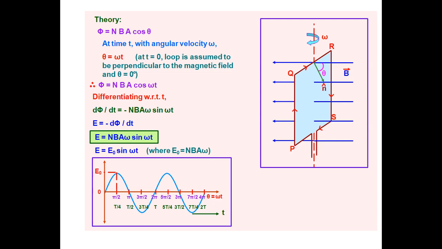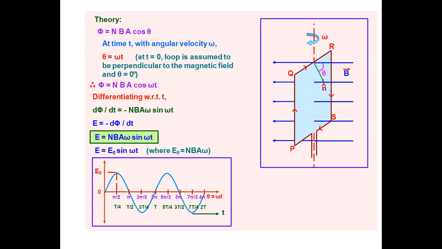Suppose E naught is the peak value of the EMF, that is NBA omega. Then, E is equal to E naught sine omega t.